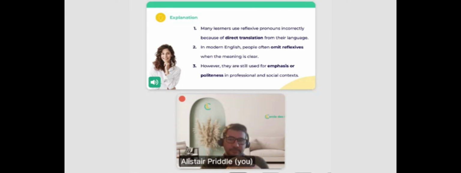Number 2, in modern English, people often omit reflexives when the meaning is already clear. And number 3, however, they are still used for emphasis or politeness in professional and social contexts.